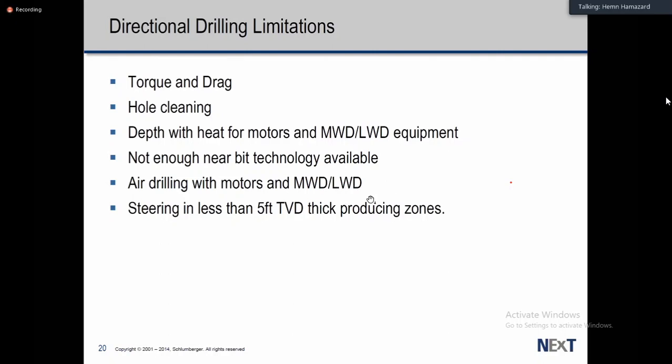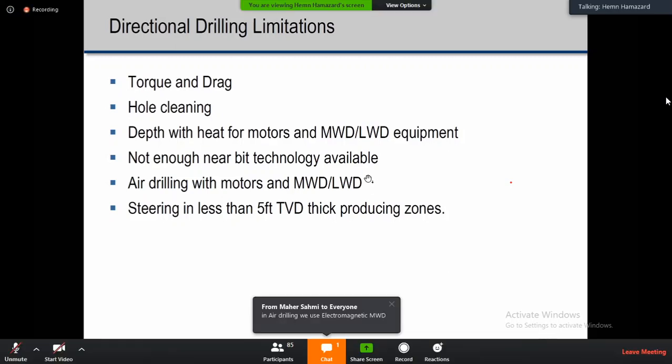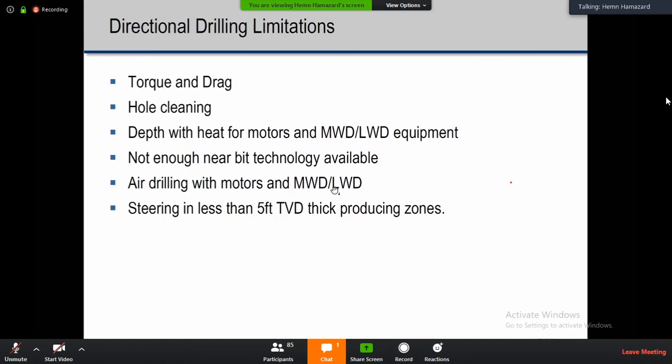But with air, you need to use another tool they call EMWD. In this case, it's going to be harder to use the MWD, LWD tools if you use air. And apart from that, like someone questioned, if you have a high temperature well and are using air, you don't have anything to cool down all these tools. They can fail sooner.